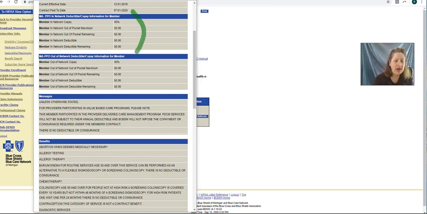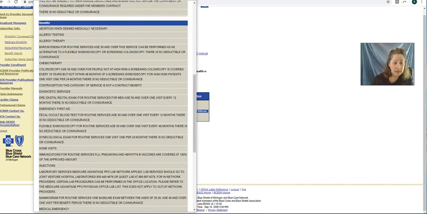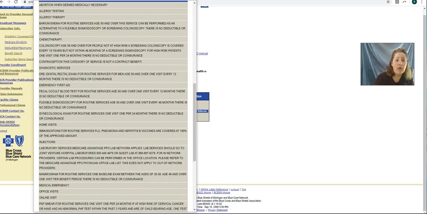But it here tells us about her deductible. She doesn't have one. Okay. And when we scroll down, it runs through what all the benefits are. Okay. So I'm not going to read them all, but I do want to point out here some of those things that I told you had limitations.